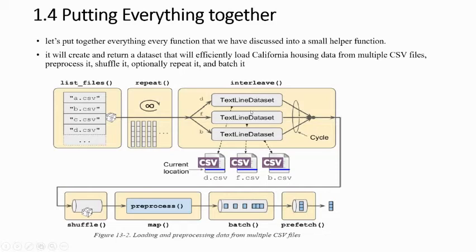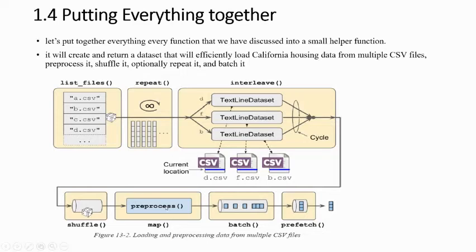This interleave method is going to remove the first line of each and every CSV, which is the header row, and it creates a new dataset. This new dataset is shuffled, and then we apply the preprocessing that we have learned in the previous subsection to scale the features and generate the proper scaled value.